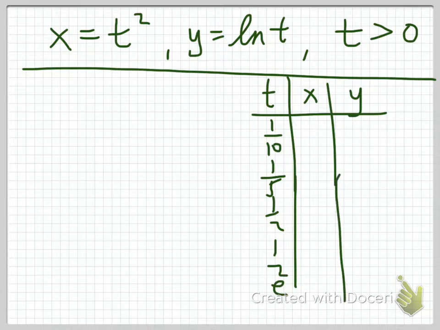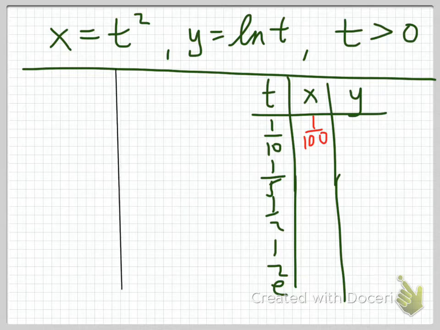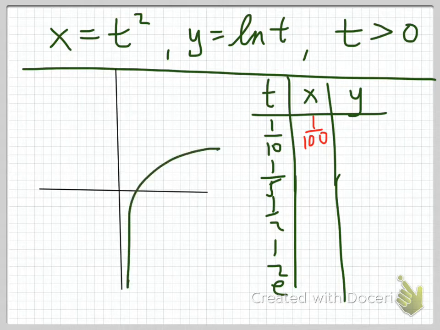Okay, so 1/10. 1/10 squared is 1 over 100. But 1/10, ln of 1/10, that's a really low number. If you think about the graph of ln of x, it looks like this, right? Actually, it looks more like up here, and then it goes over like that. There's ln of x.